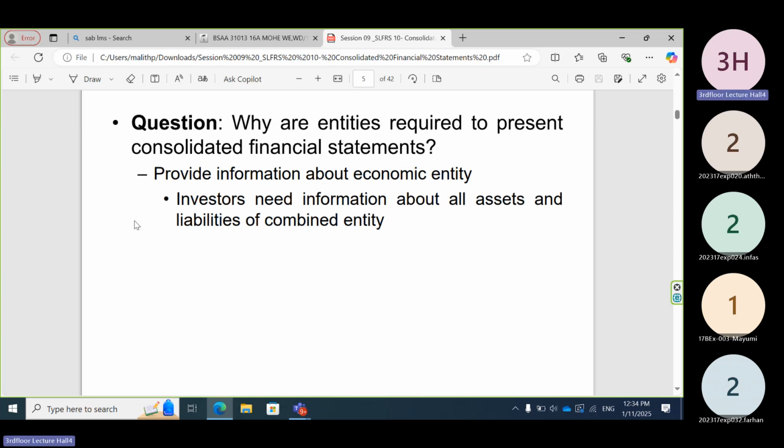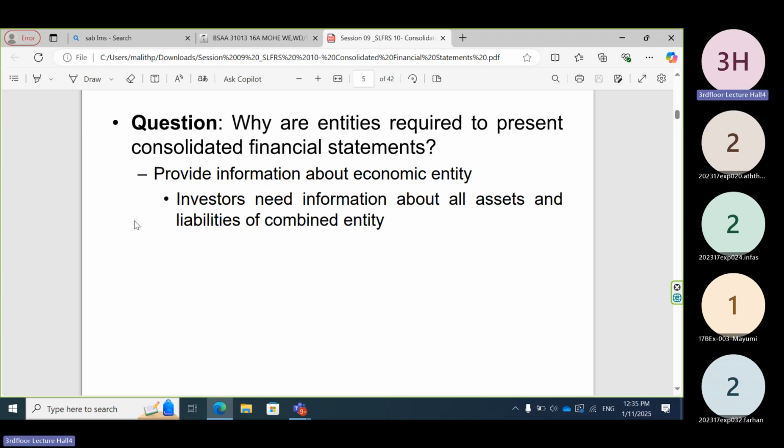For the parent company as well, we can prepare the individual financial statement. Keep in mind that if you are the accountant for a parent company, you should prepare individual financial statements as well as the consolidated financial statements. It means as an accountant, in future you may prepare two sets of financial statements: individual financial statements and consolidated financial statements, right?